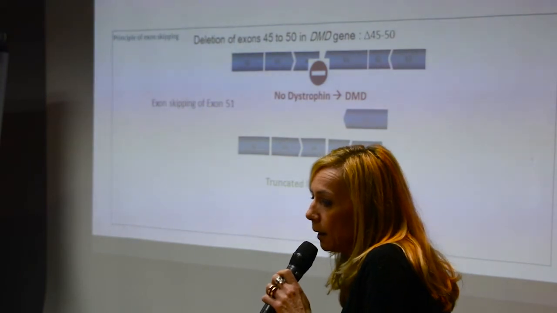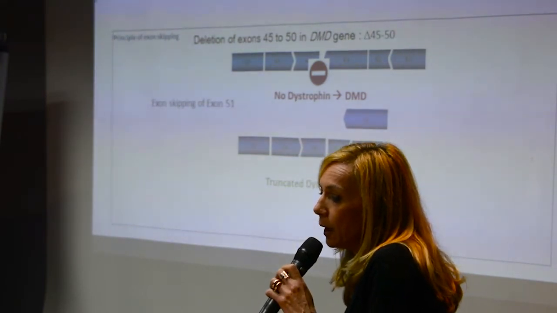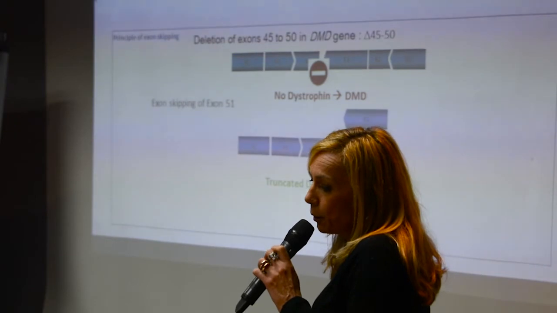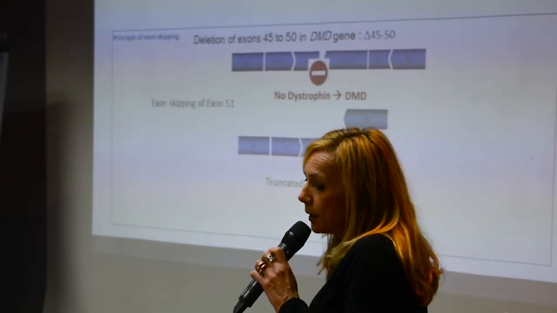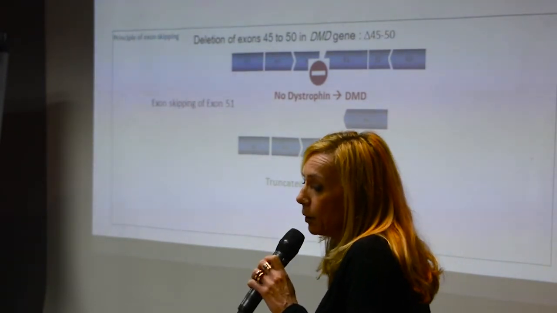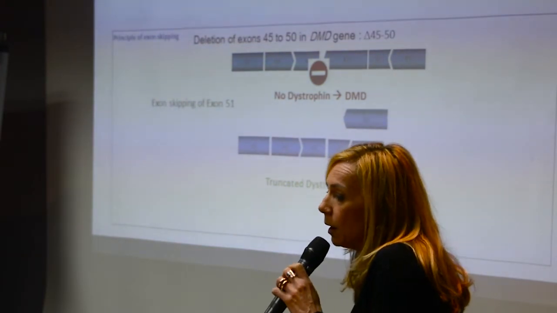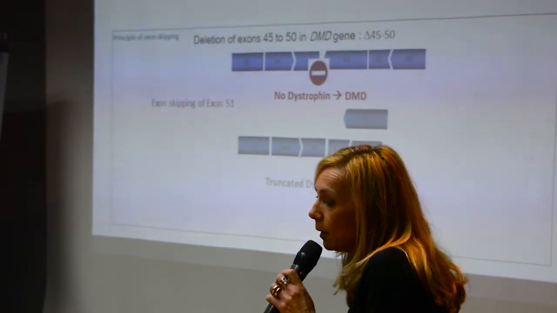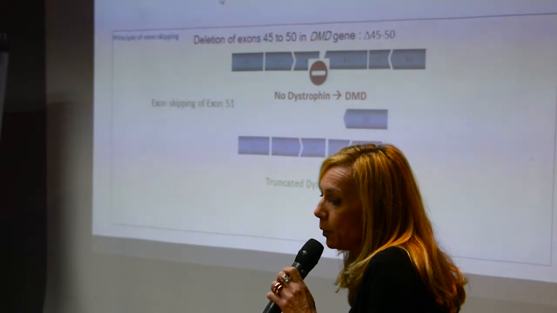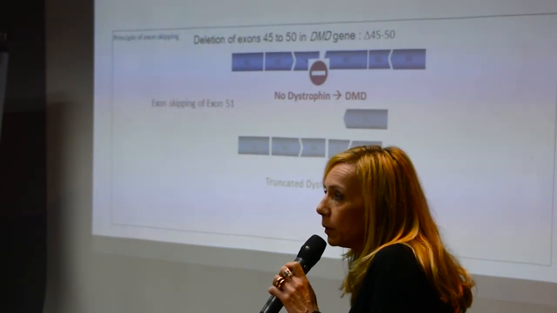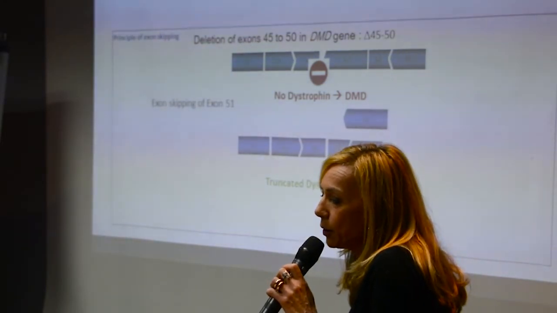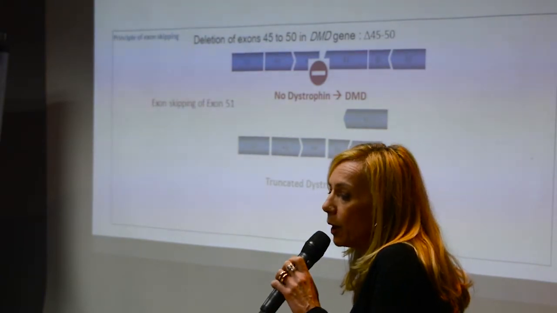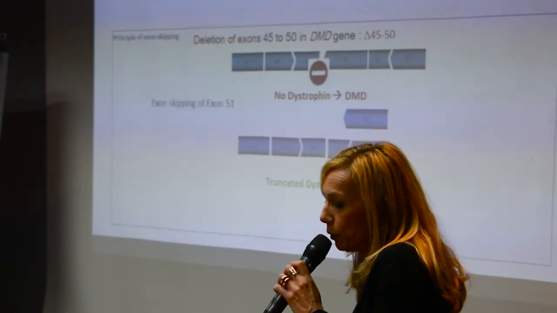And this is the development of the exon 51 skipping by Sarepta. This treatment, by skipping the exon 51 on the DMD gene with a specific chemistry, PMO, allowed application of this treatment to around 30% of the DMD patients.